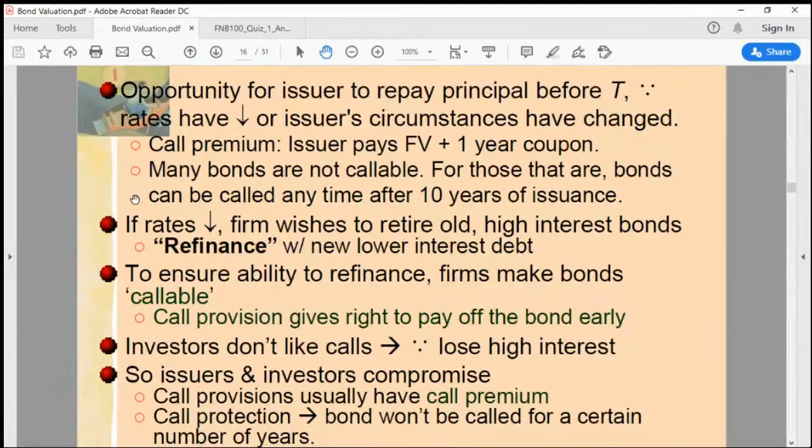Put is an option to sell a stock at a pre-specified price if certain conditions are met.